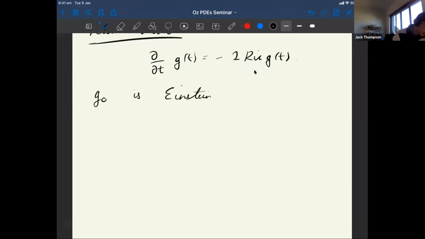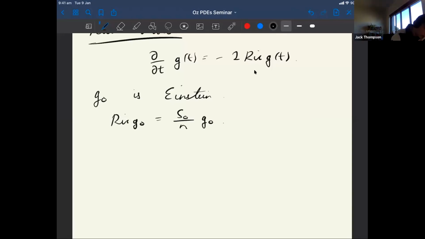Now, since we know that Ricci of g0 equals S0 over n, where S0 is the scalar curvature of g0, times g0, a good guess for the solution of our Ricci flow is to assume that g of t is just equal to some function of t times our original metric.